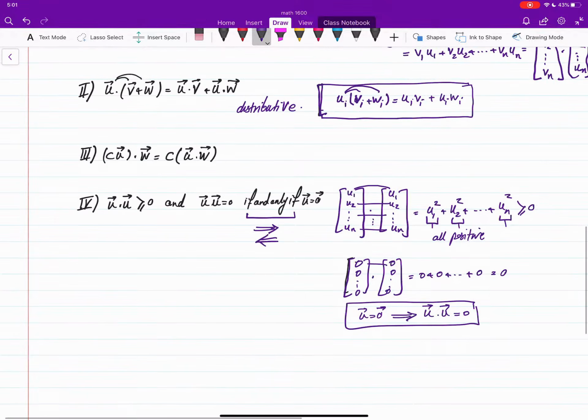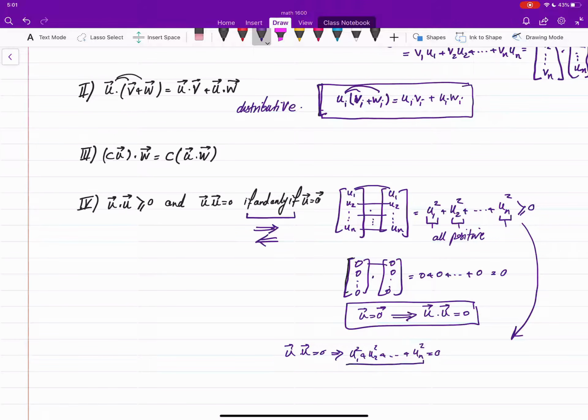On the other hand, you see here u dot u. If u1 squared plus u2 squared plus ... plus un squared is equal to 0, we have a sum of positive numbers equal to 0. That means that each one of these is going to be 0. So u1 squared is 0, u2 squared is 0, and un squared is 0.